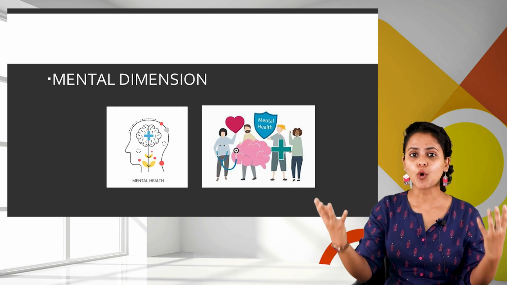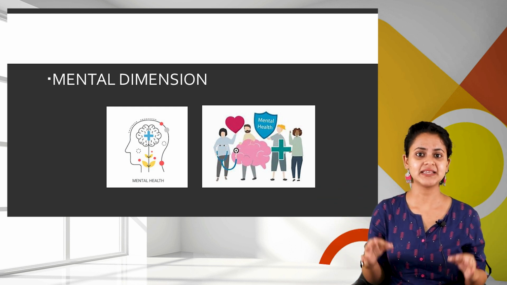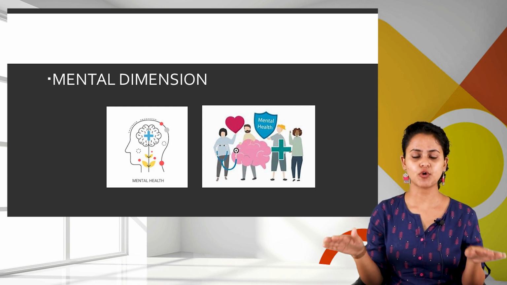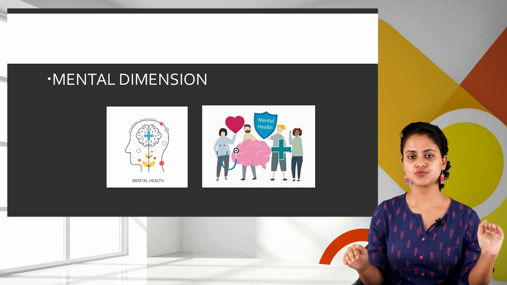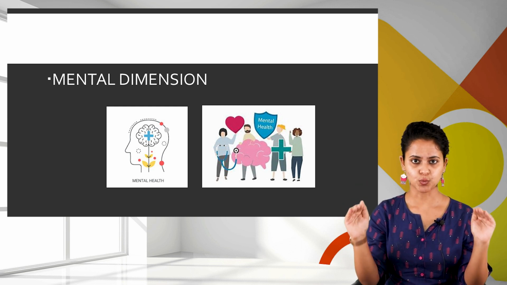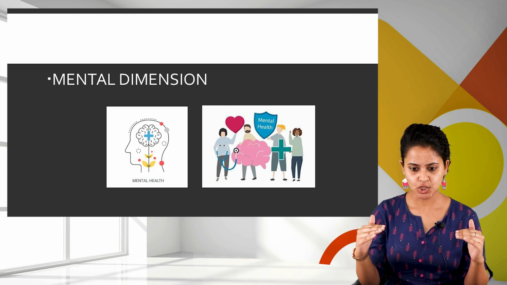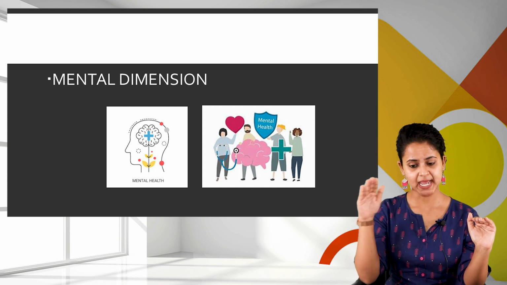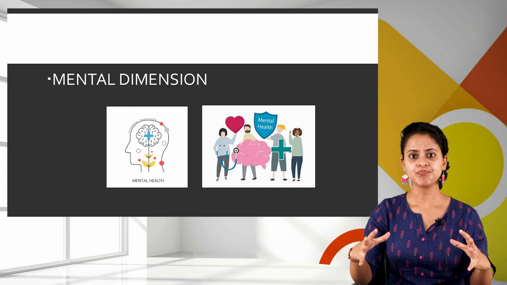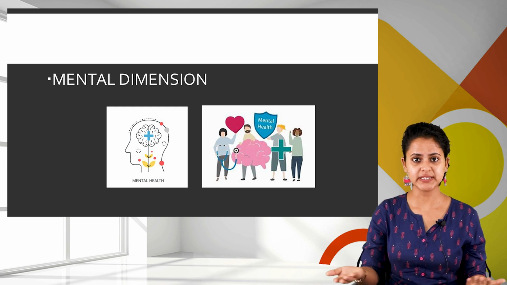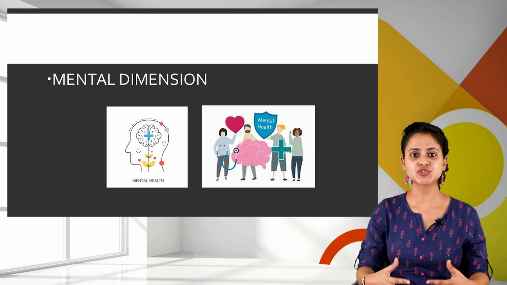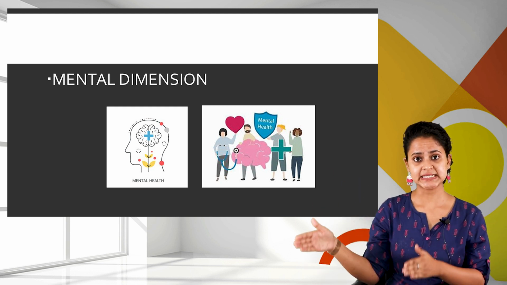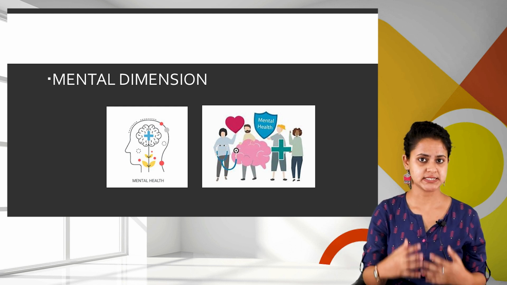Then only we can call the person a healthy individual. It is said that mental health is a state of balance between an individual and the surrounding world. It is a state of harmony between one person and others. So there should be harmony within oneself as well as with other people. Then only we can say the person is healthy in the mental dimension.